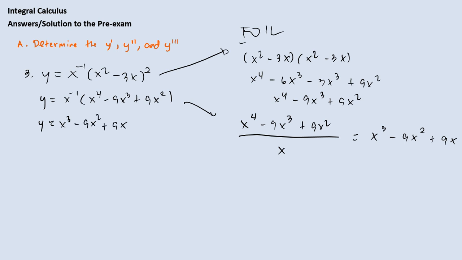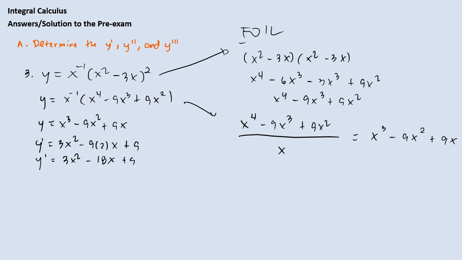So if you're going to do the y prime here, y prime is 3x squared minus 9 times 2, we have again x squared, x plus 9. Simplify, we have 3x squared minus 18x plus 9.